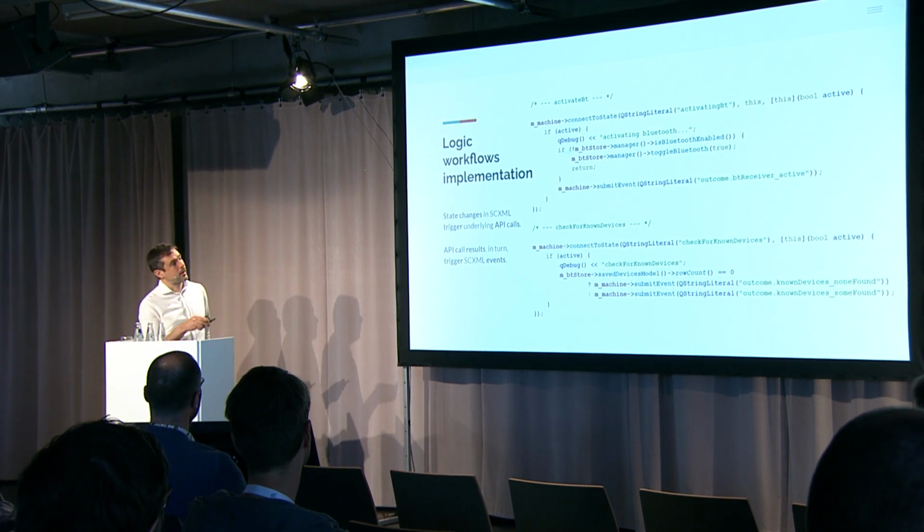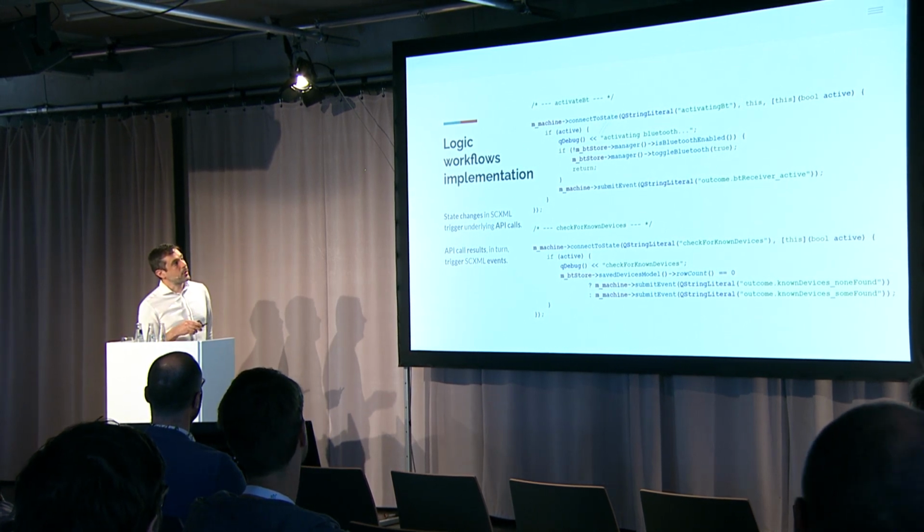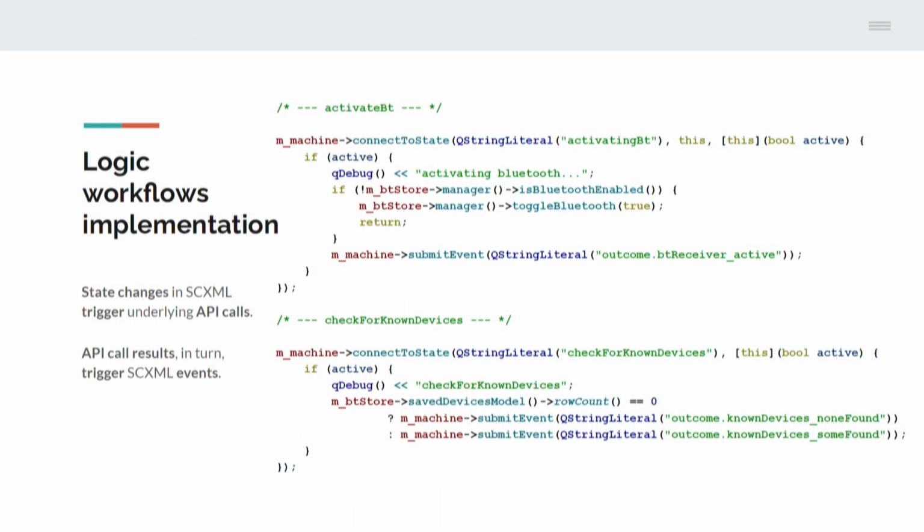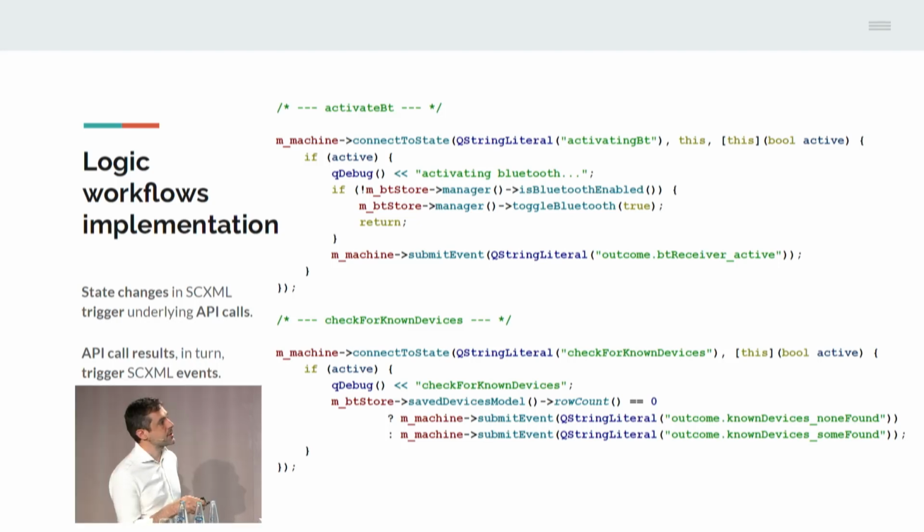This is an example of entering a certain state, so we have a state machine here. When entering the activating Bluetooth state, we would do something in our Bluetooth management library, whatever that is for your specific use cases.